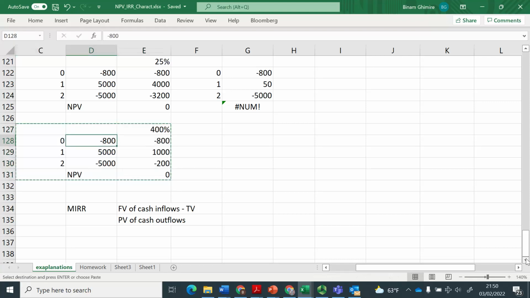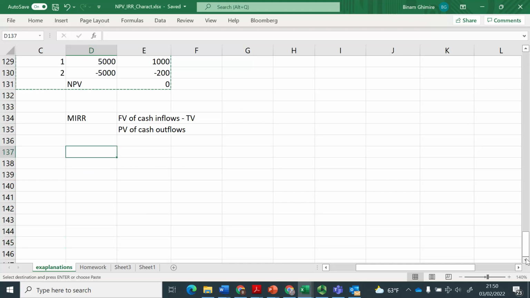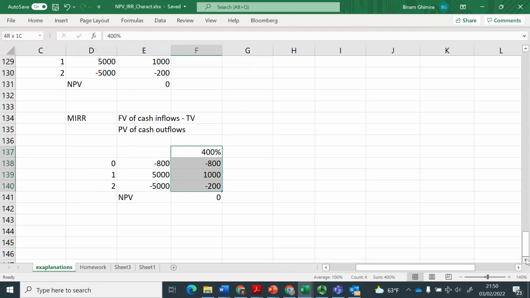Now this is something we can compute. I am going to make use of the same example, and I will now find out the future values of these. There's only one inflow, which is 5,000, and future value means this 5,000 invested at 10%, and there is only one more year remaining, which means it can only be invested for one more year. So what will it be after 1 year, at the end of year 2?